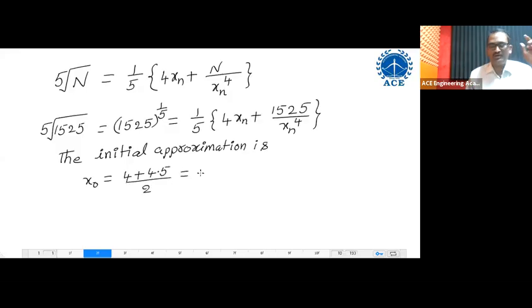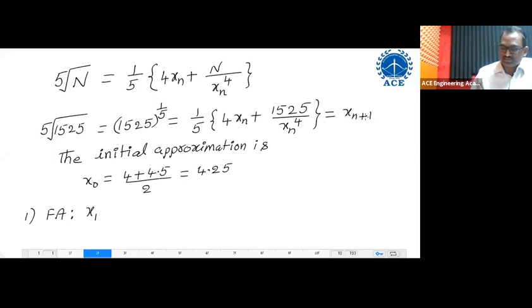And tell me the value. 8.5 divided by 2 is 4.25. Now the first approximation is denoted by x1. To get x1, look here, this is the value of xn plus 1.